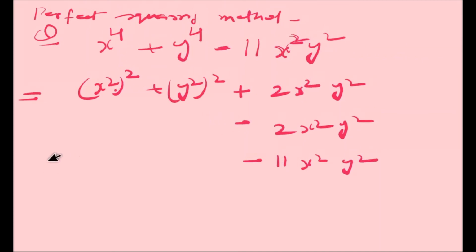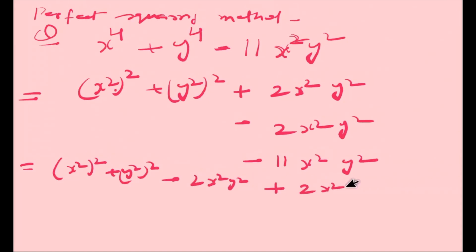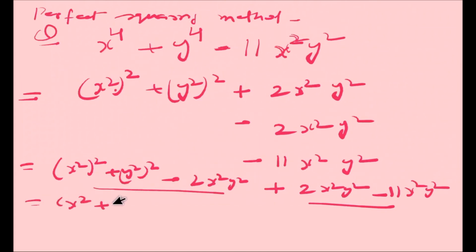So we write this bracket this way: x square whole square plus y square whole square minus 2x square y square and plus 2x square y square minus 11x square y square. Now this is the pair. So we can write this x square plus y square whole square and minus a square plus b square minus 2ab, and what is here, minus 9x square y square.